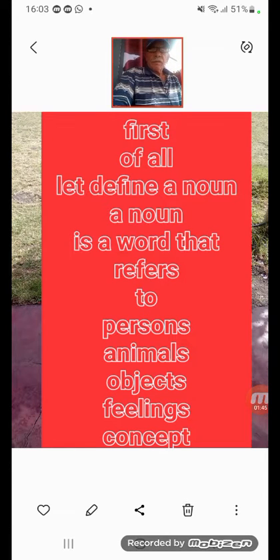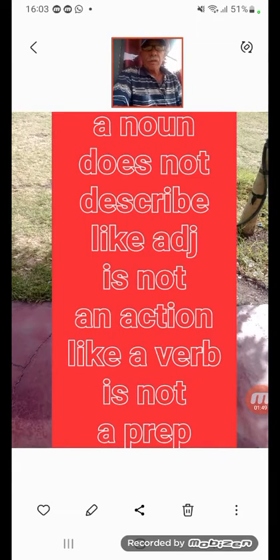A noun is not like, for example, an adjective, because the function of adjectives in the English language is to describe. A noun, of course, is not an action, because that is the function of a verb.